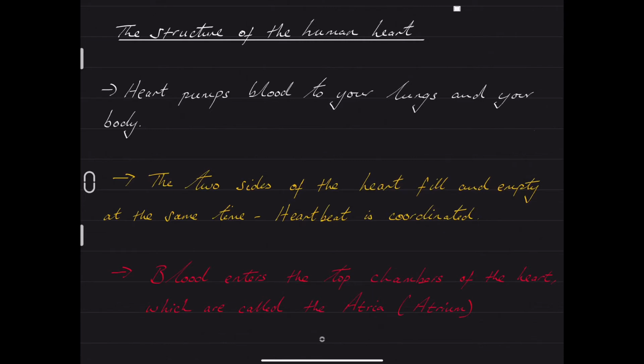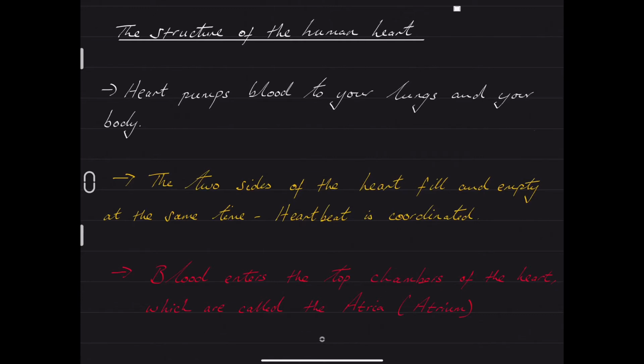So in the simulations you were able to see how there were ventricles and atriums and how they were filling and emptying with blood, and also how there's a left and right hand side. So the two sides of the heart fill and empty at the same time, and the heartbeat is coordinated.